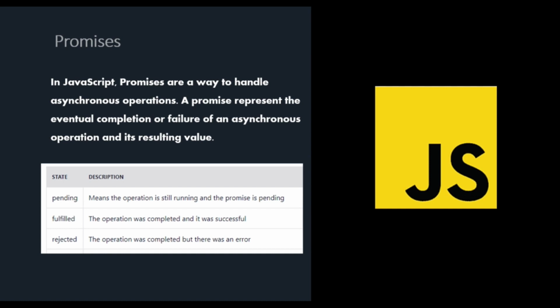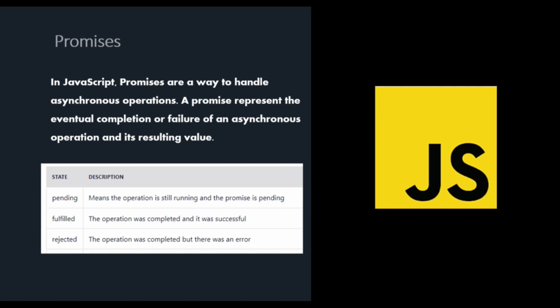So you can see in this particular table, there are three states. The first one is the pending state. So when a promise object is created, the initial state of a promise object is pending. It means the operation is still running, and it returns a result which is undefined. And the second one is the fulfilled state.